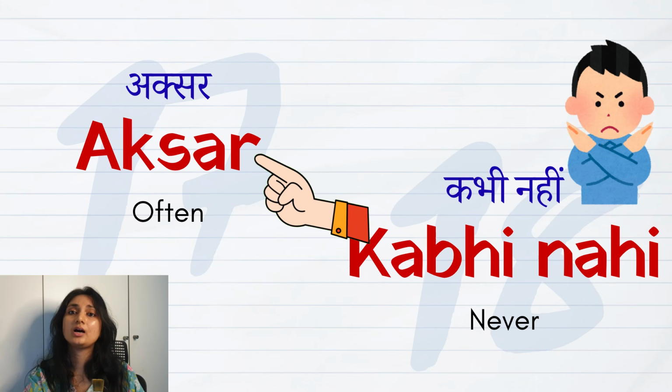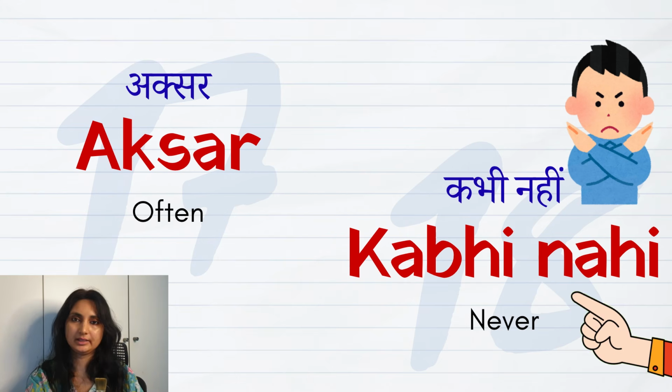Then we have aksar, which means often. Okay, and then we have kabhi nahi, which means never. Nahi means no, and kabhi nahi means never.